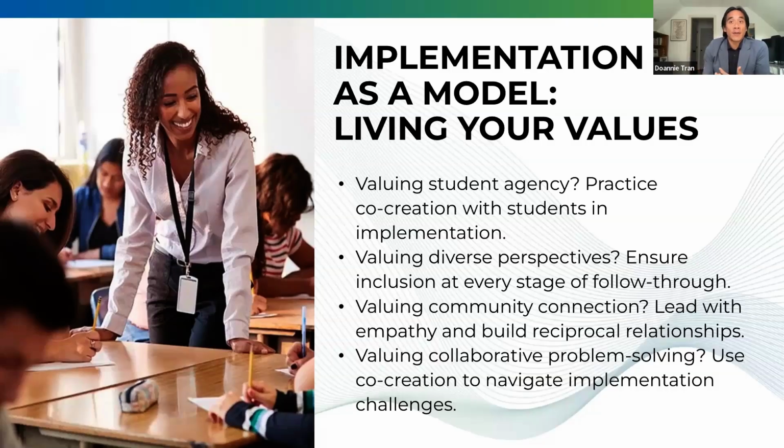If you have a value around diverse perspectives, then how might you include more perspectives at every stage of the follow-through? If you value community and connection, then how do you lead with empathy and model the building of reciprocal relationships with people in your community as you're implementing?